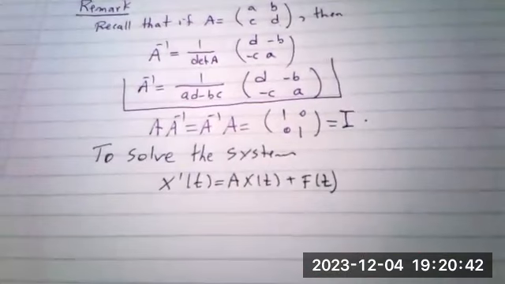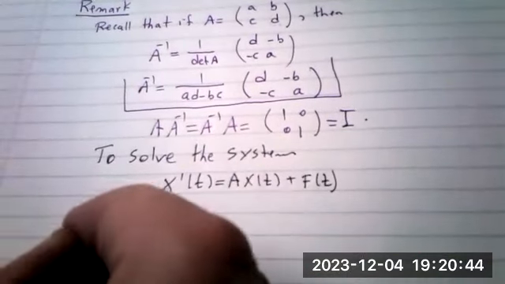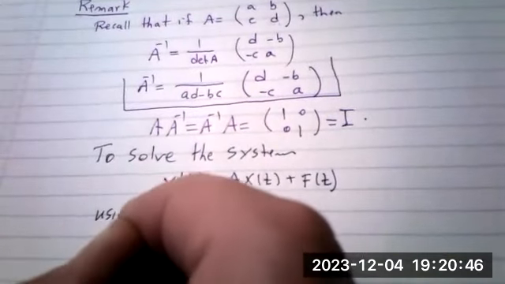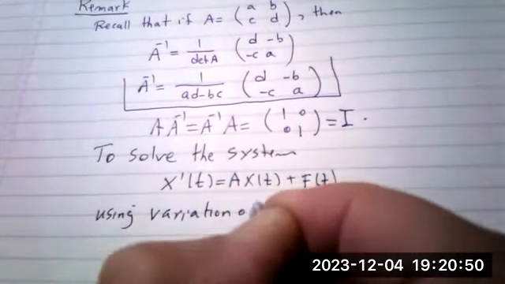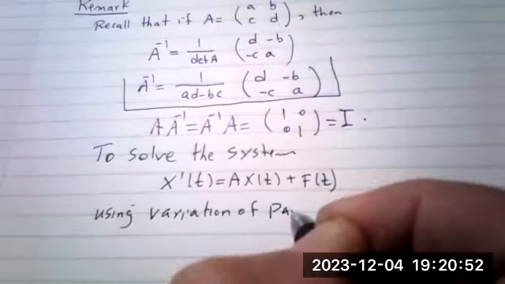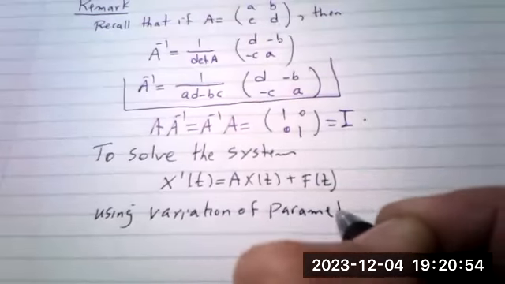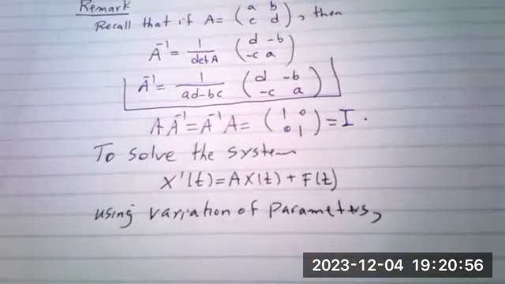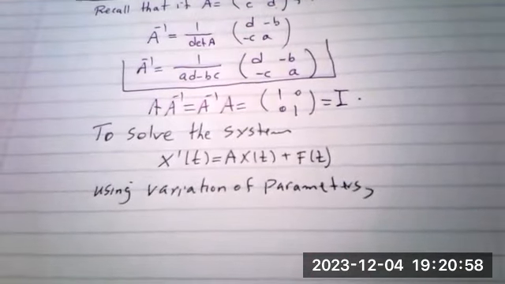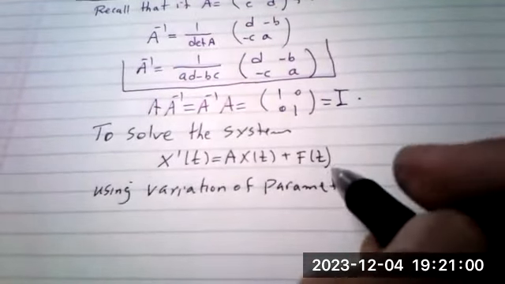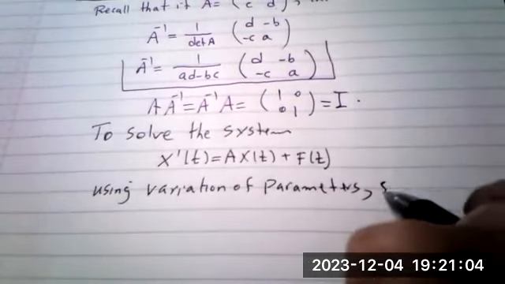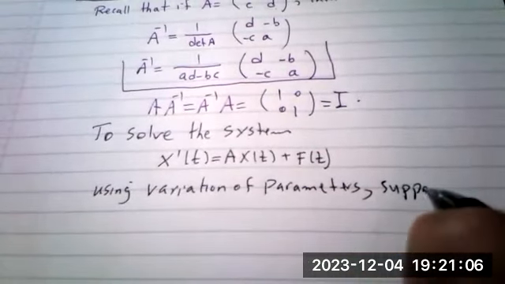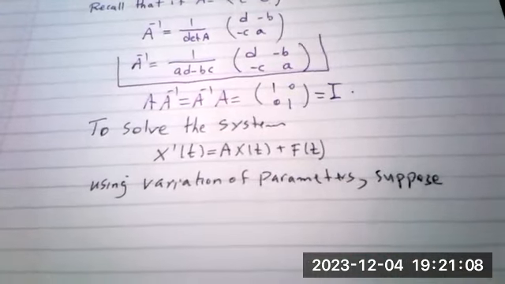To solve this system using variation of parameters, what we do, as usual, is suppose we do the homogeneous part.